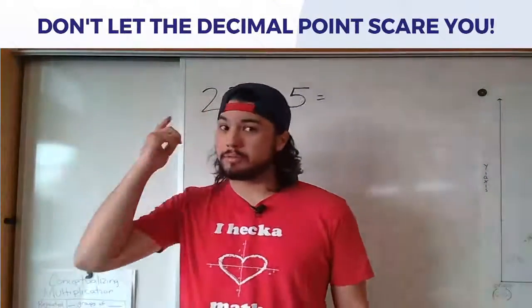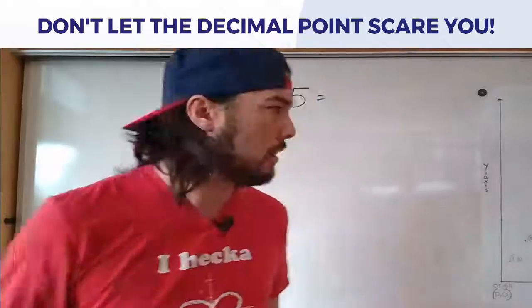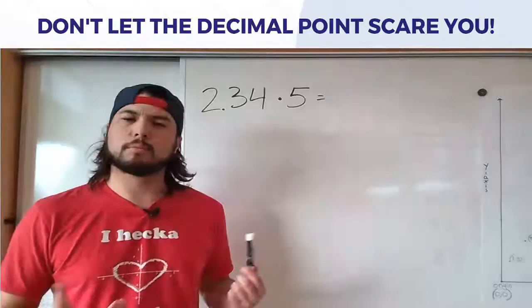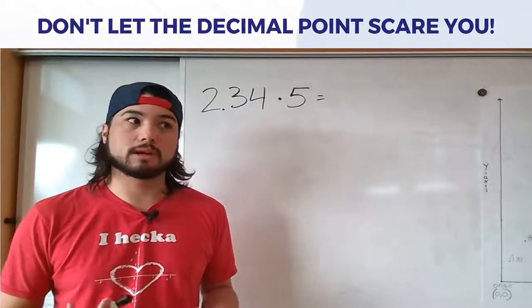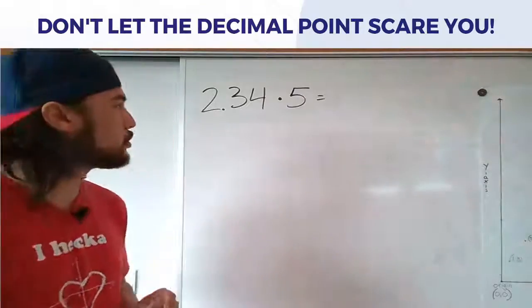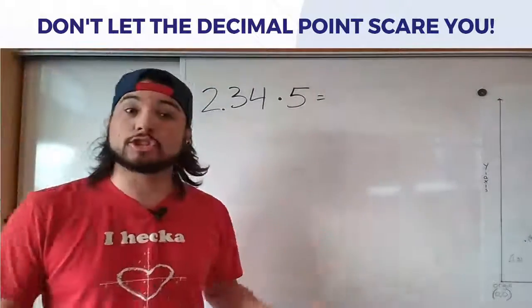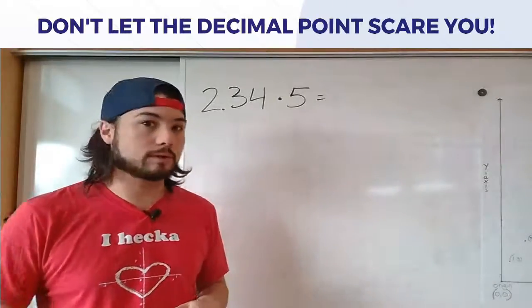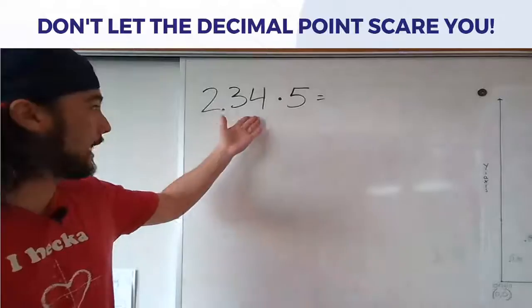Again, disclaimer, don't let the decimal point scare you. This is, in essence, a 3-digit by 1-digit multiplication problem, which we've done ad nauseum last year. So the short answer is just like last week when we talked about breaking up our whole number and our decimal into partial products, we can do that here.